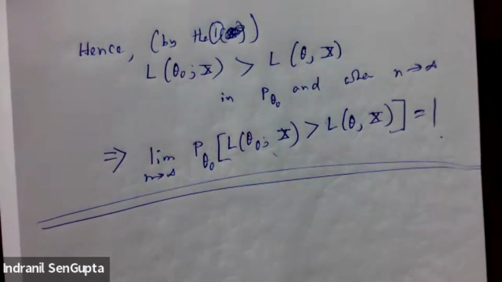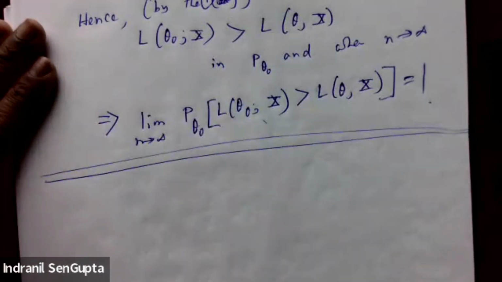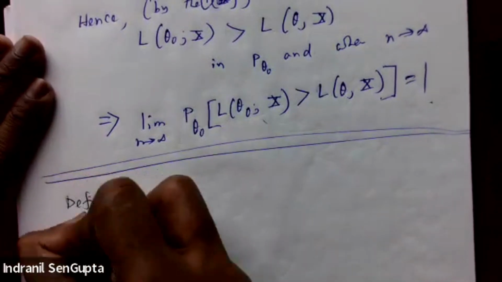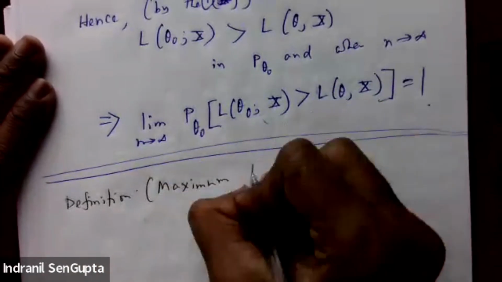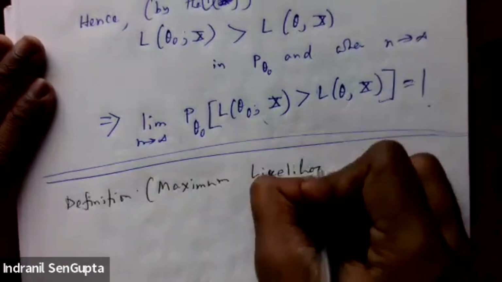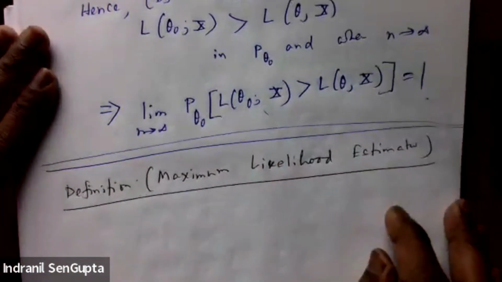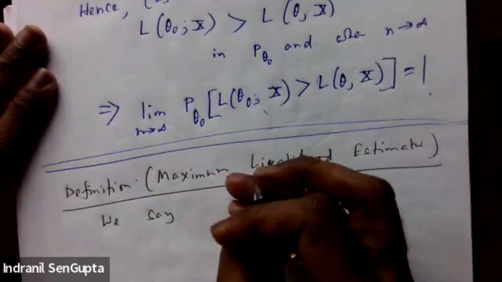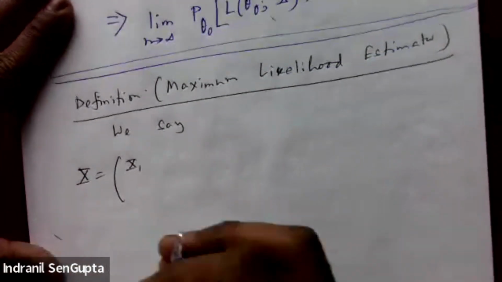Now we have a lot of applications of this beautiful result. Let's first write one application. Here is the definition of the maximum likelihood estimator. By the way, I'm consistently using x equals x1, x2, through xn, a vector.